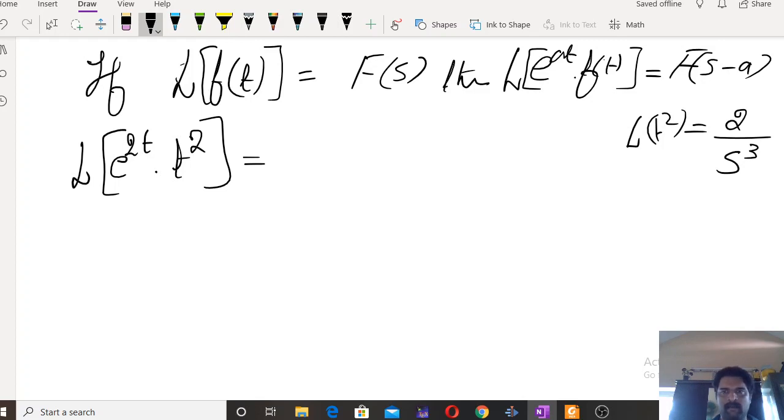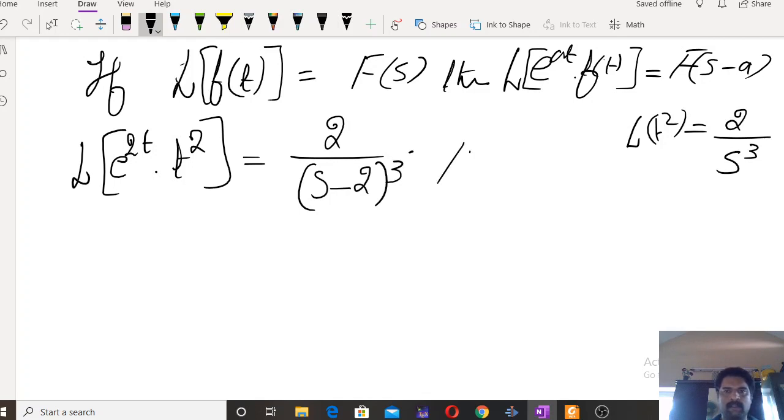And by the theorem, the Laplace transform of e raised to at into f of t is F of s minus a. That means we replace the term s by s minus a. So this is equal to 2 by, instead of s we write s minus a, and here a is equal to 2, so (s minus 2) the whole cube.